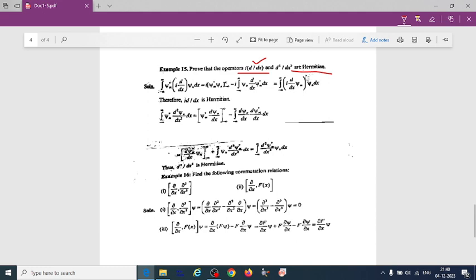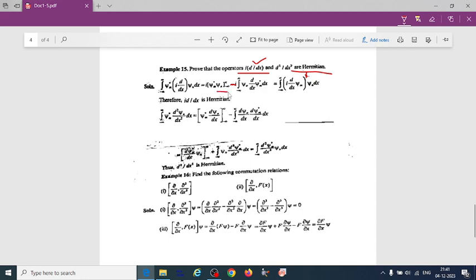You can just take the conjugate of that. Sorry, this is a minus sign. Then in the first term, if you put the limits, what will happen here?